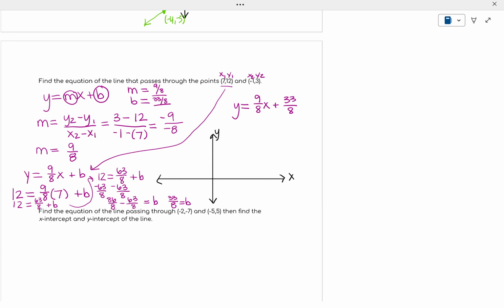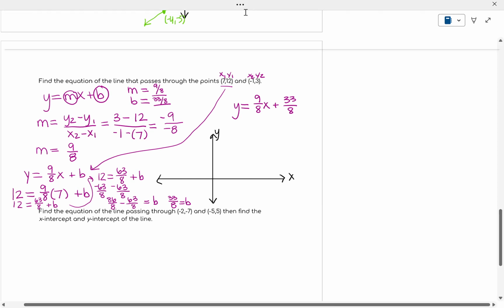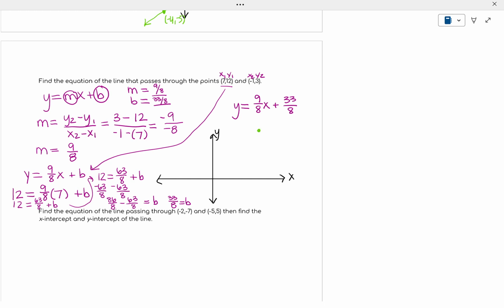And what does this mean graphically? Well, let's plot the points again. So this will be roughly 7, 12, and negative 1, 3 looks like this. So negative 1, 3, 7, 12.